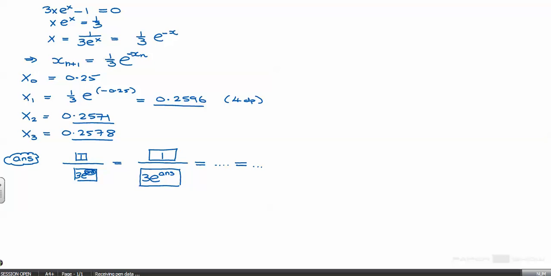Now question B asks us to show that the actual root rounded to 4 decimal places is 0.2576. So I'll just write that again, 0.2576. And that's to 4 decimal places.